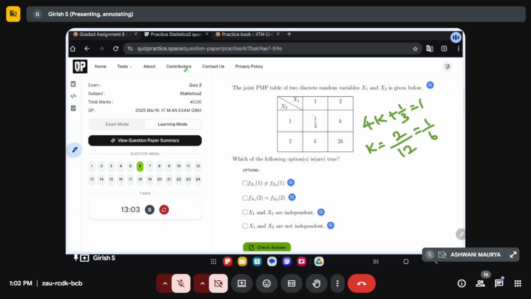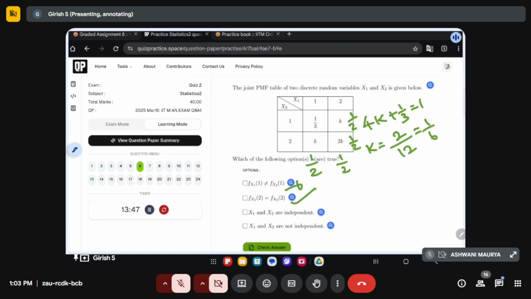It is 1 by 3 plus 1 by 6, which is 3 by 6, half. And fx2 of 1 is 1 by 3 plus 1 by 6, which is half again. So fx1 of 1 is half and fx2 of 1 is half. Both are equal, so this option is wrong. fx1 of 2 is half, and fx2 of 2 is also half. It is true. This is correct.